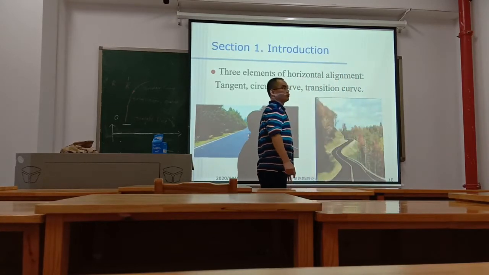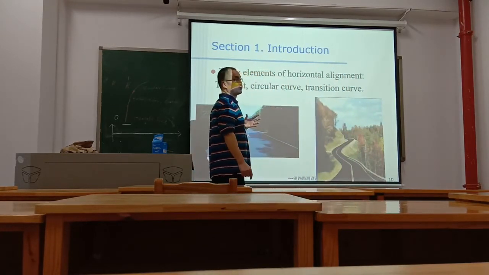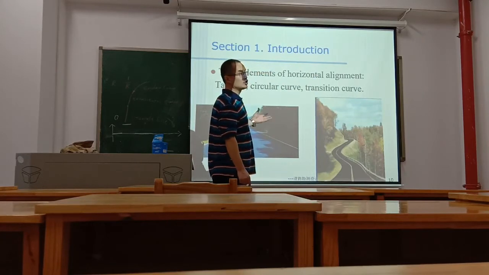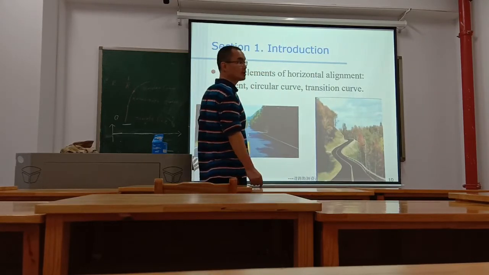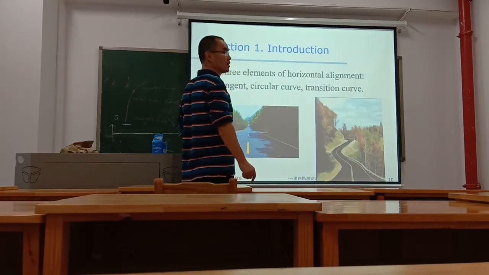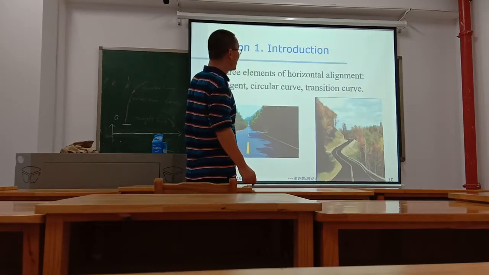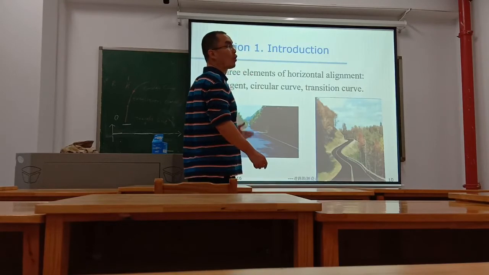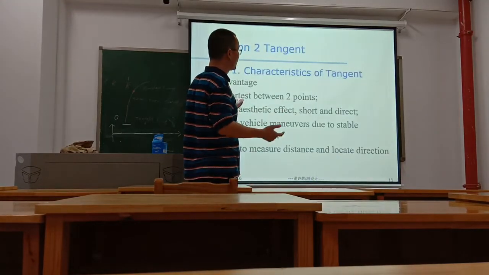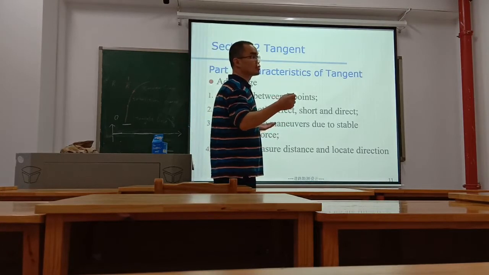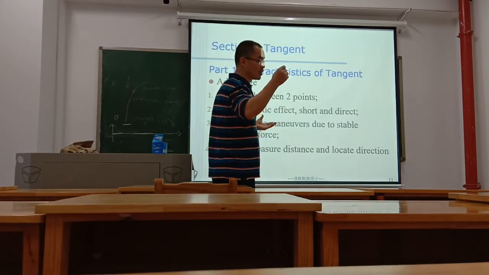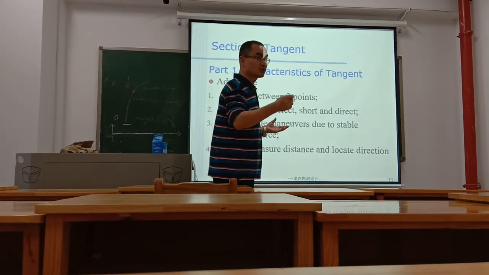A transition curve can be located between a straight line and a circular curve, or between two circular curves with the same direction.